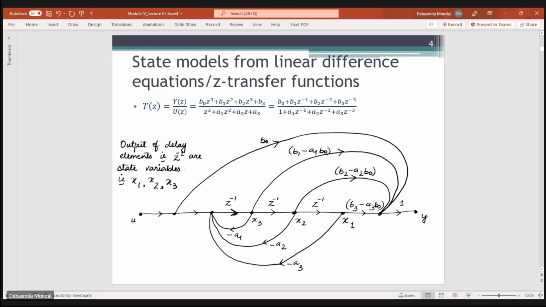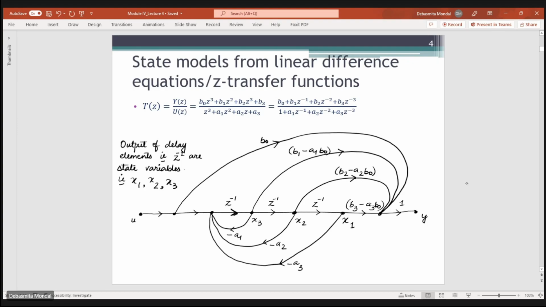If you remember, when we were talking about a continuous time system, we said that depending on the number of integrators present in the system, the output of each integrator will be considered as a state variable. In a similar way, analogous to that, we can say here that the number of delay elements present in this system will be equal to the number of state variables.